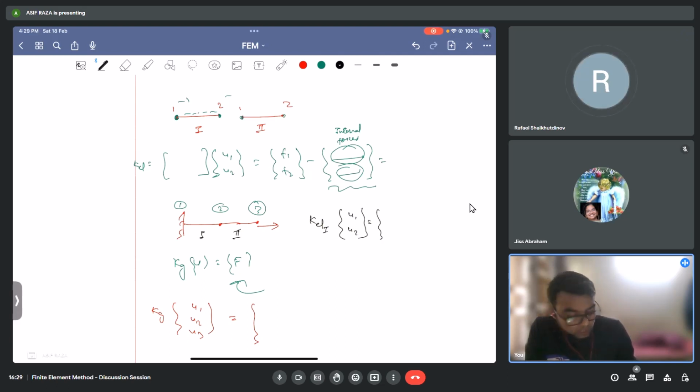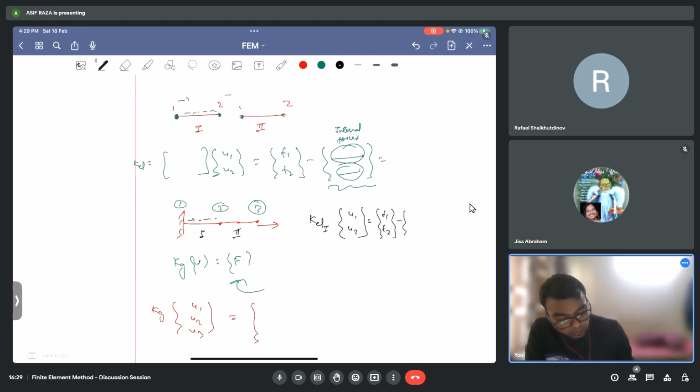Suppose there was a UDL here, forces were equally distributed, and we got F1, F2 at the nodes, minus this. Why do we have this?